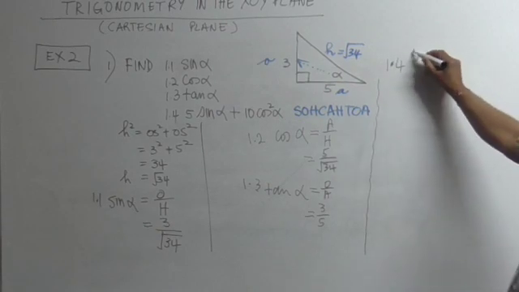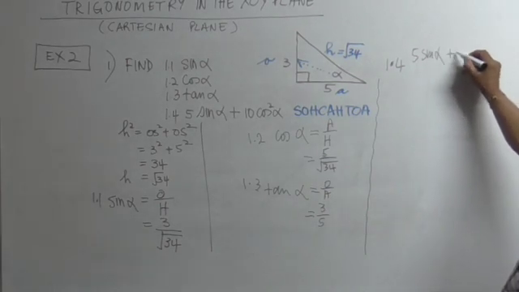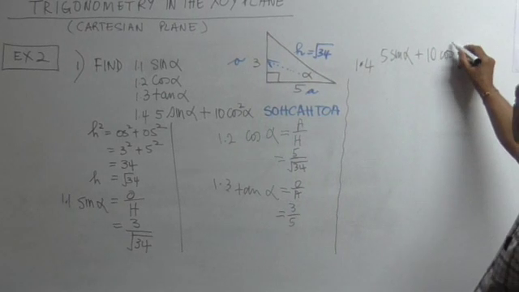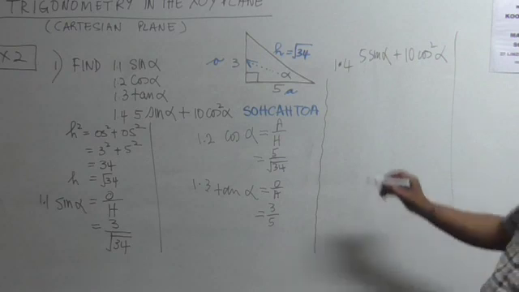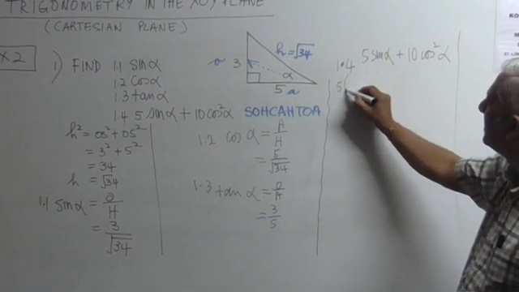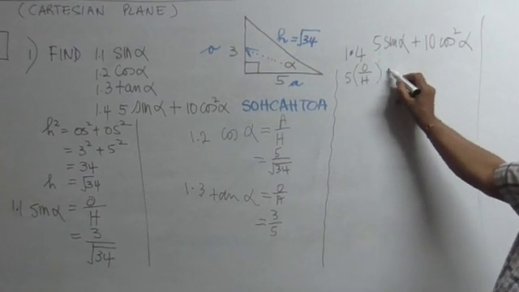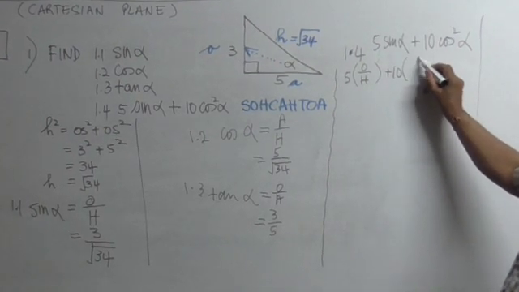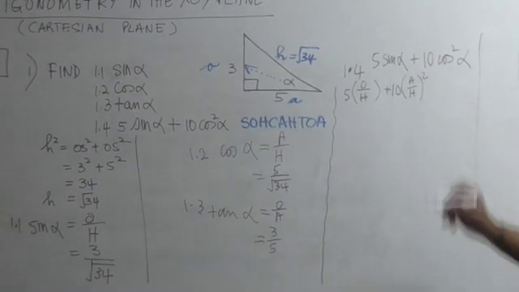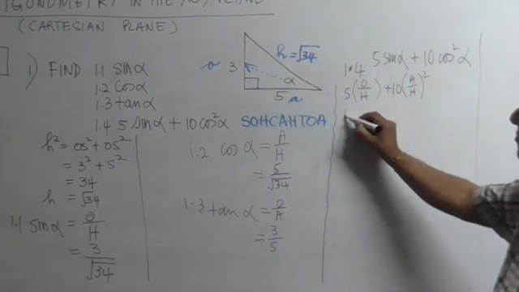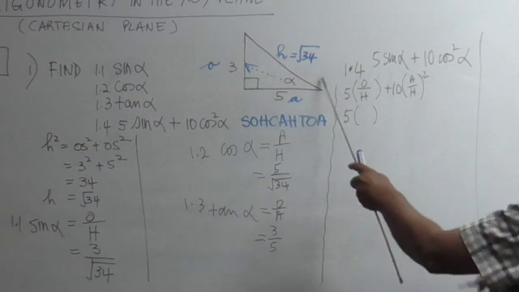You want 5 sine alpha plus 10 cos squared alpha. Alright, now that means you want 5 times sine, which is O over H, plus 10 times cos, which is A over H, and it will be squared. Now that will be 5, O is 3, H is root 34.